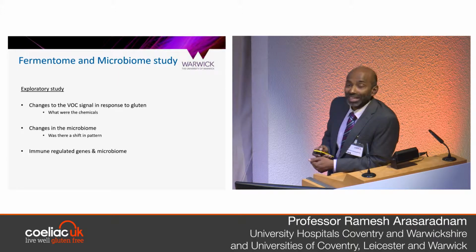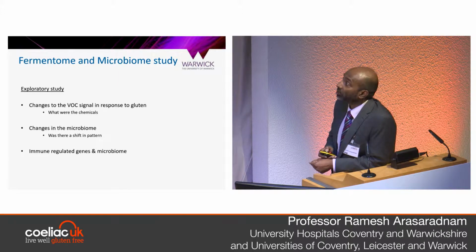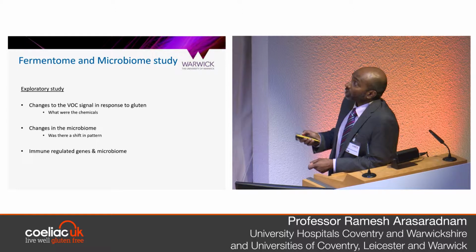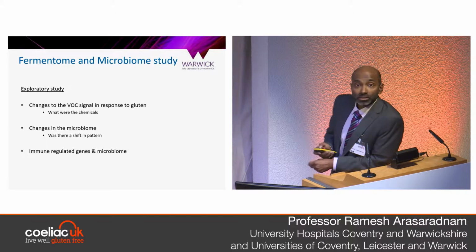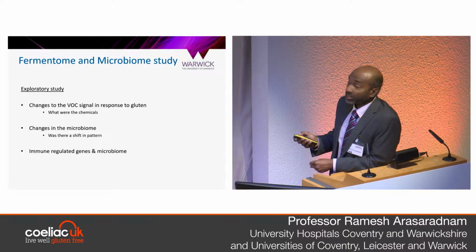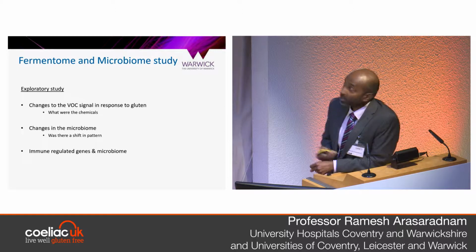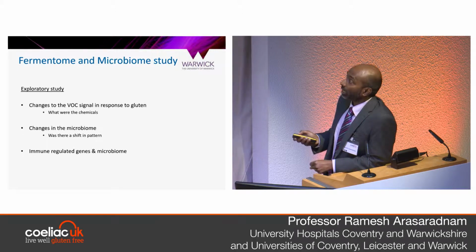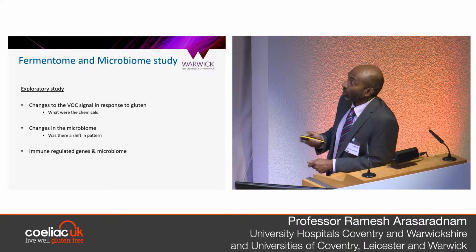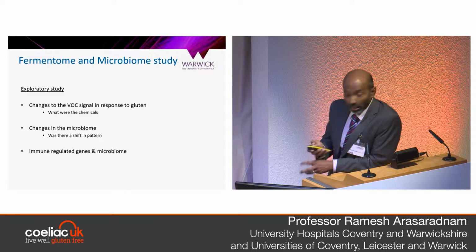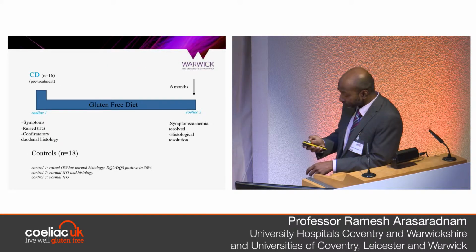What were the chemicals? Were they any different, or were there some additional chemicals? And then, to show that this was probably related to the microbiome, we wanted to see if there's a shift in the pattern. And as a consequence of this, and some newer emerging papers since we started this project, we looked at some very early work on immune-regulated genes and how that links in with the microbiome.